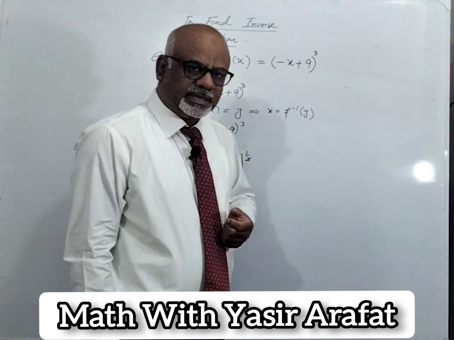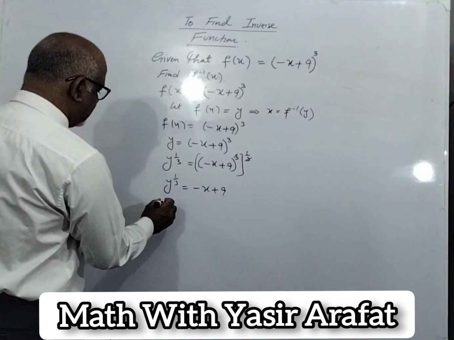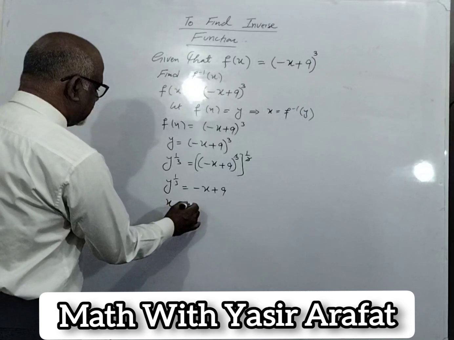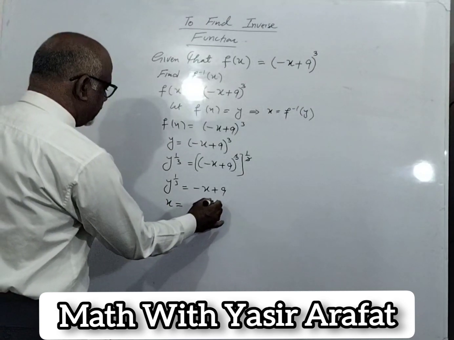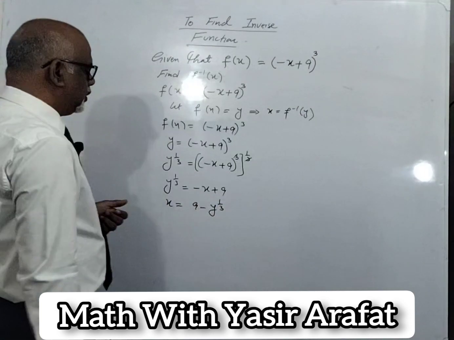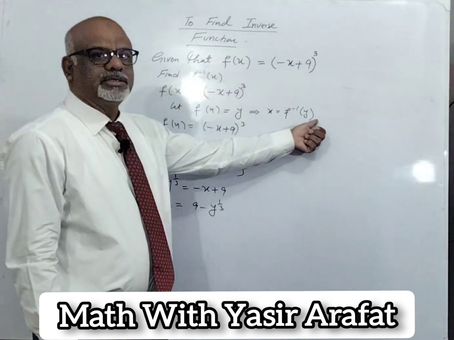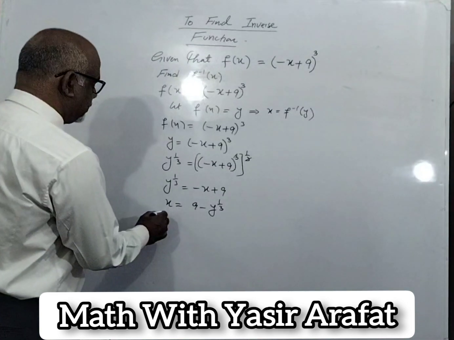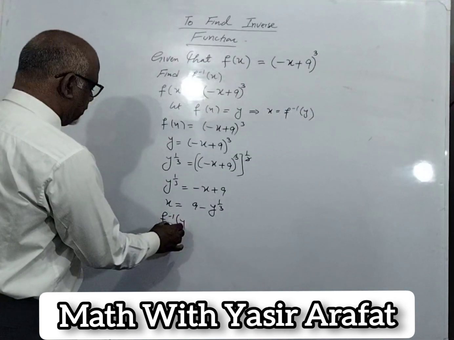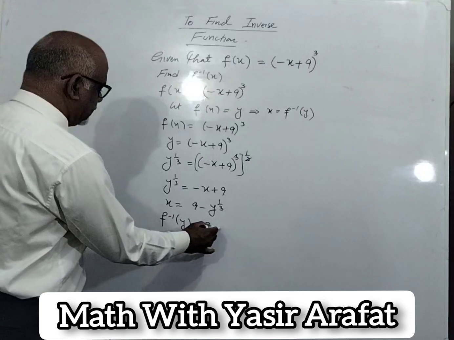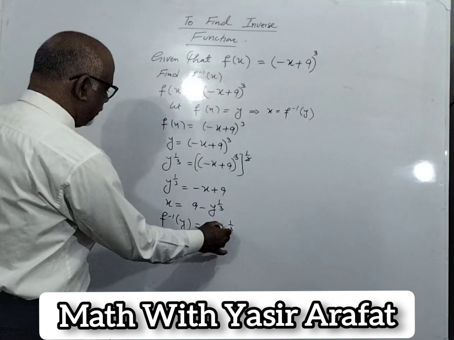We have to separate x here, so we have to shift this 9 over. So this is y power 1 upon 3 minus 9. So what is the value of x here? x is equal to f inverse of y. So this is f inverse of y, equal to y power 1 upon 3 minus 9.